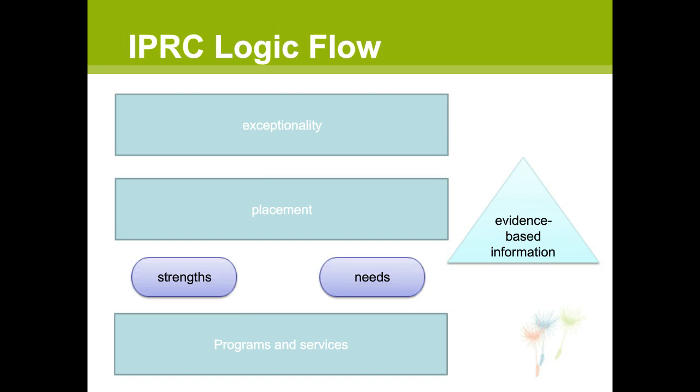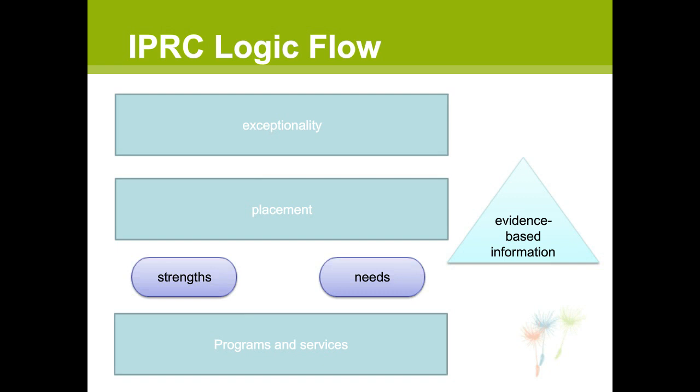From that, if we look at the left, we see the idea of exceptionality, placement, and we will be talking about that. But then below we see strengths and needs, and then below that we see programs and services. The way to imagine this is everything in a way flows from the evidence.